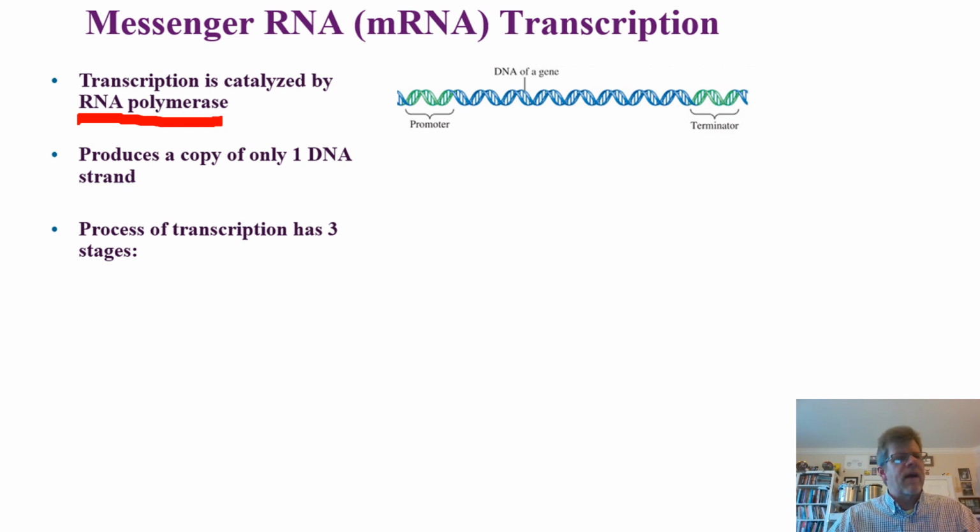And we'll see towards the end of this lecture other representations of how those three commands are spelled out. But if we look up here on this diagram, on the DNA of our gene, we have three components to it. We have a promoter sequence. That's where RNA polymerase binds, and it gives it the command to start.